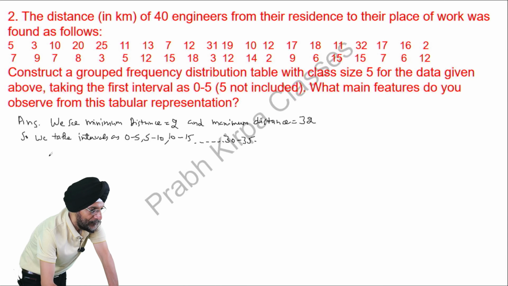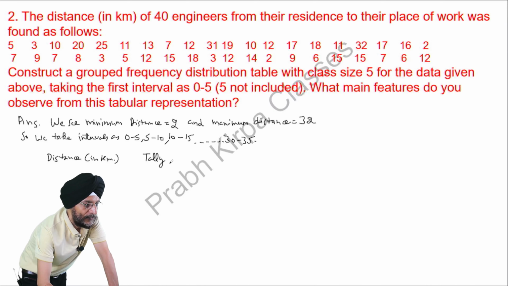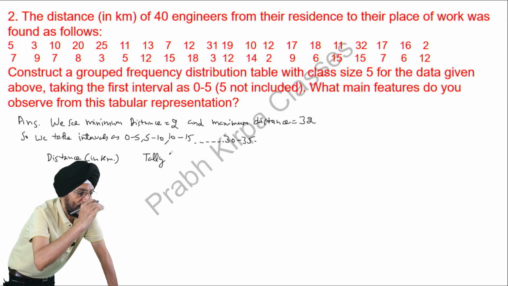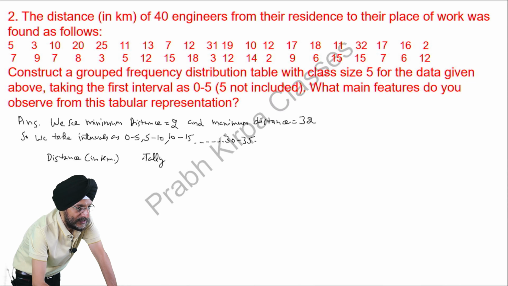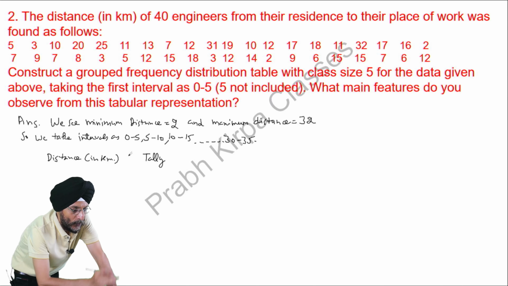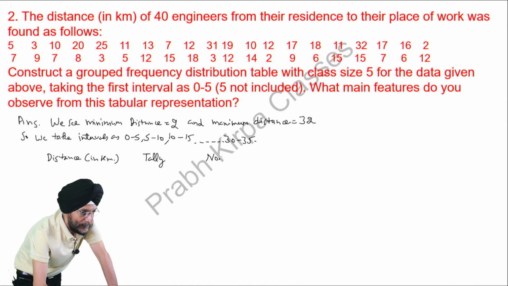So how will we form it? First we will write the distance in kilometers. Now we also have to count the number of engineers who are traveling a particular distance. So here we will count tally, and here we will mention the total number of engineers who have to cover the particular distance.